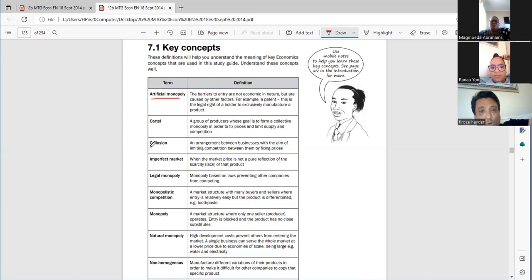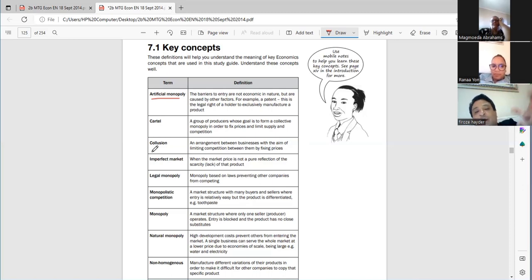Now, collusion. Let's go to cartel. It's a group of producers whose goal is to form a collective monopoly in order to fix prices. Can you see that? If you read cartel, and limit supply and competition, which means they manipulate the price. Next one is collusion.